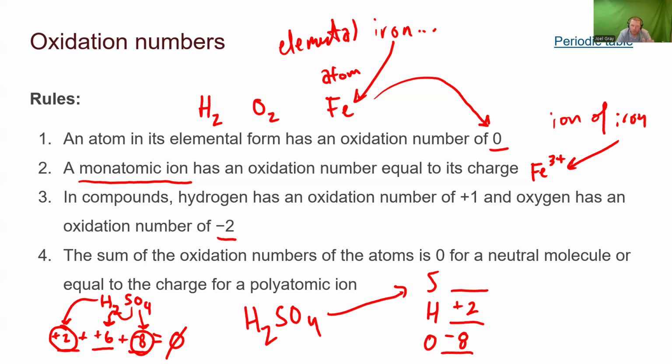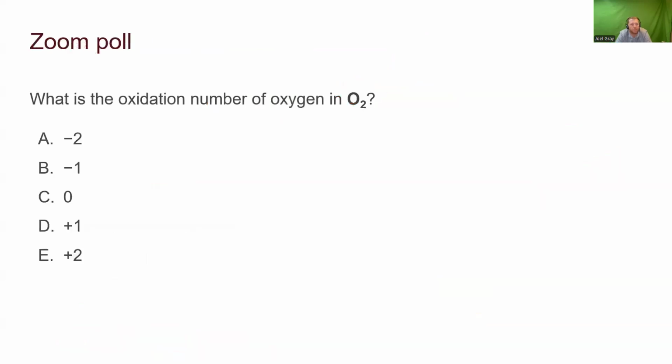Okay, so these are the rules that you need to know. I put these on my note card because these are going to be very helpful. Next up, these are questions for application. What's the oxidation number of oxygen in O2? Remember, this is the elemental form, so 0.